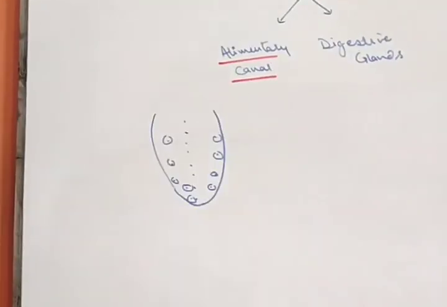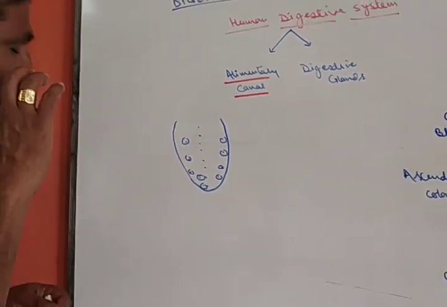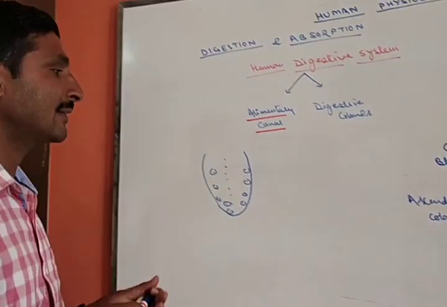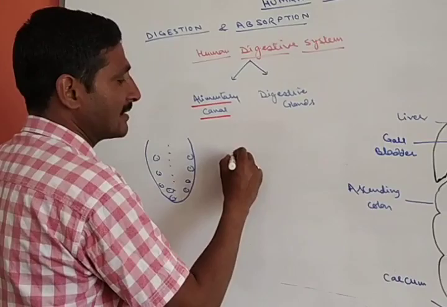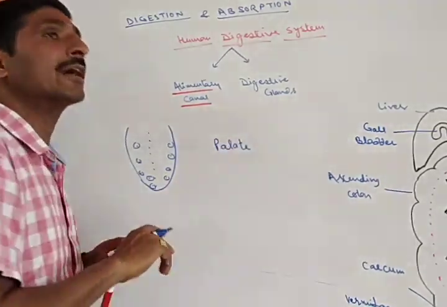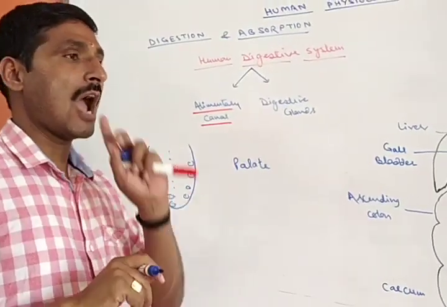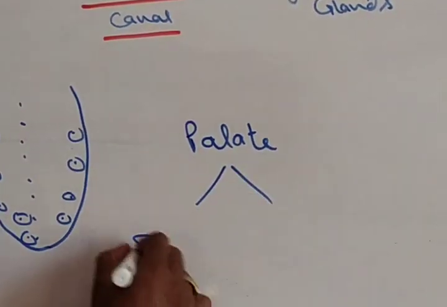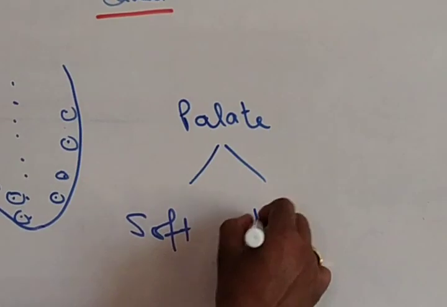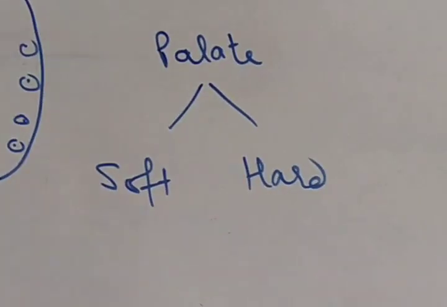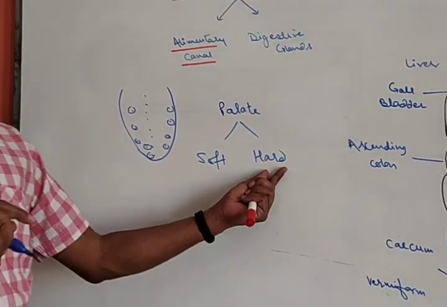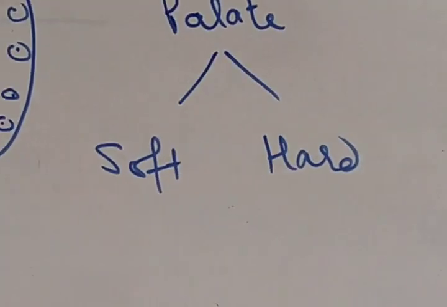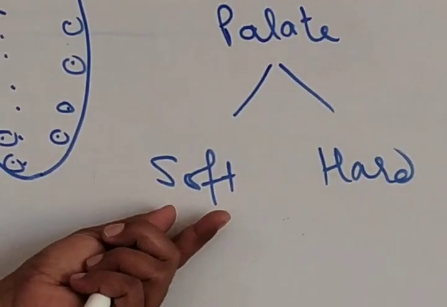The oral cavity has an upper part called the palate. This part of our oral cavity we name the palate. The palate may be of two types: soft palate and hard palate. In the front side, the palate is hard, therefore it is called the hard palate, while at the posterior, it is soft.